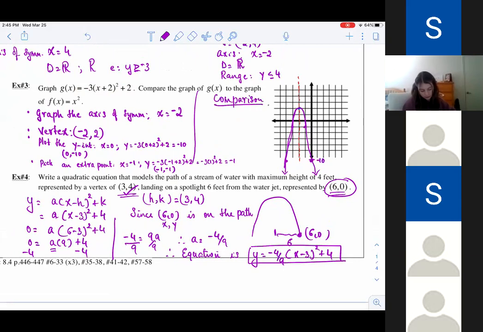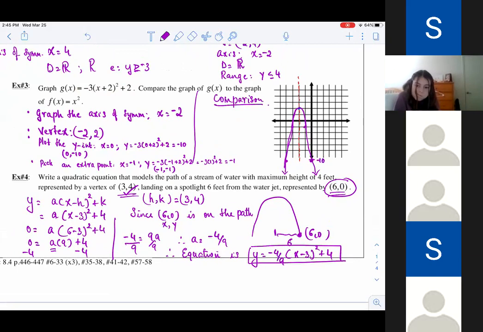How would you take care of this negative in front of it? Factor it out. You see that you're comparing with f of x is equal to x squared, correct? F of x is equal to x squared is a graph that opens up.